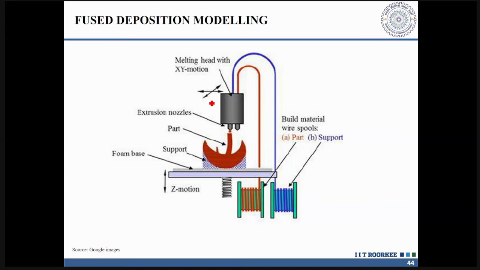Now if you see this particular product, a half moon shape, there are two spools. One is a red spool and the other is a blue spool. The red spool is used for fabricating the actual product, whereas the blue is used for fabrication of the support structures.